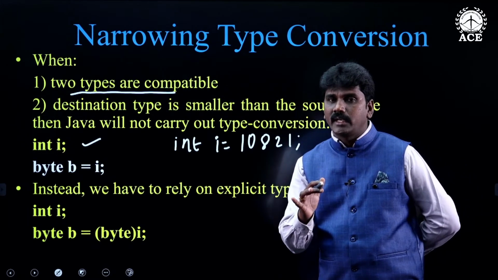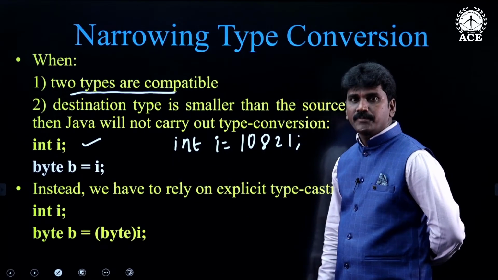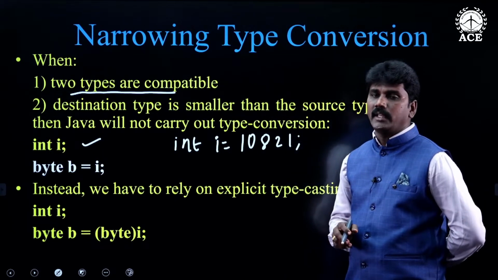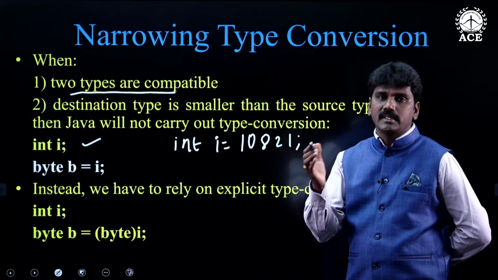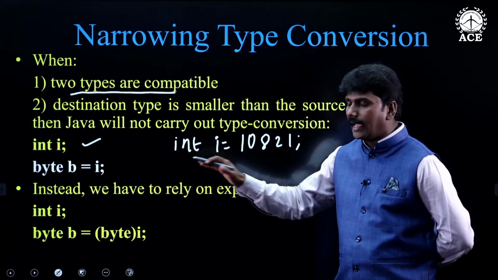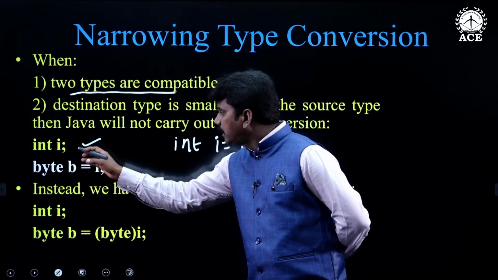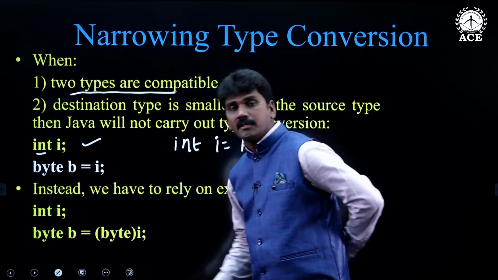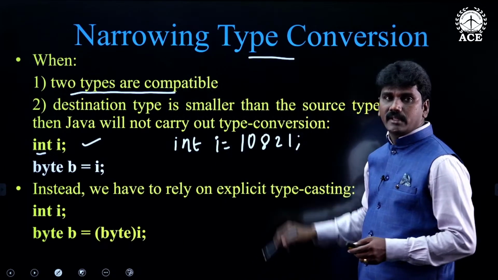It is minus 128 to plus 127 only. So it is not possible. So to solve this problem, what can we do? For example, in integer, I have stored only 126 as the value. In that case, can that value be stored in the byte directly or not? No, because it is declared with the data type integer, so we have to apply the narrowing type conversion technique.